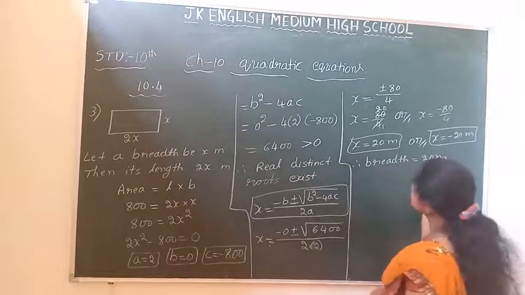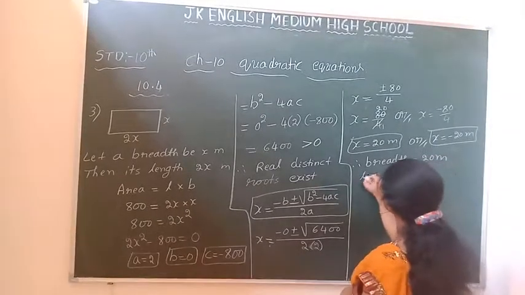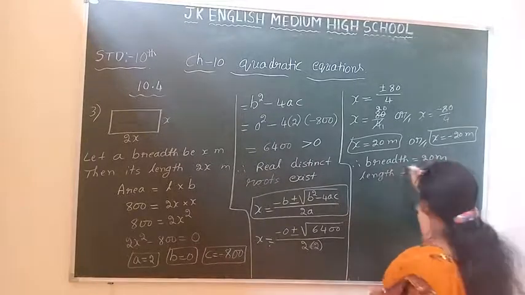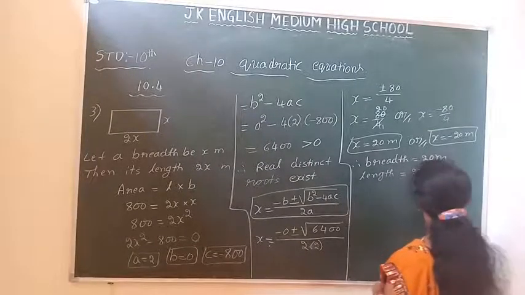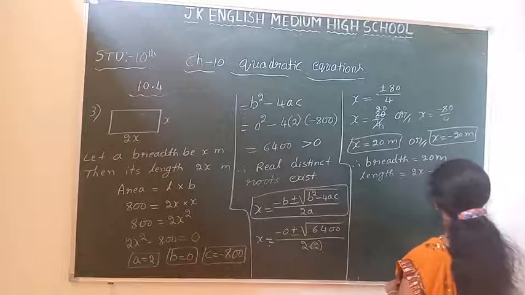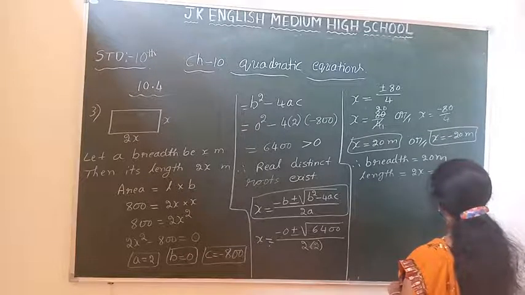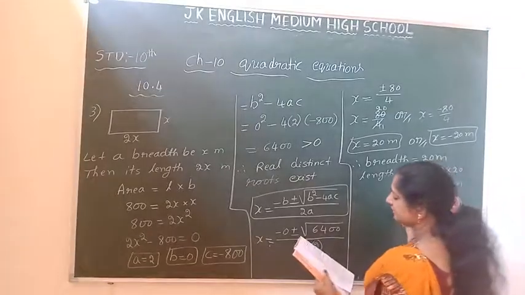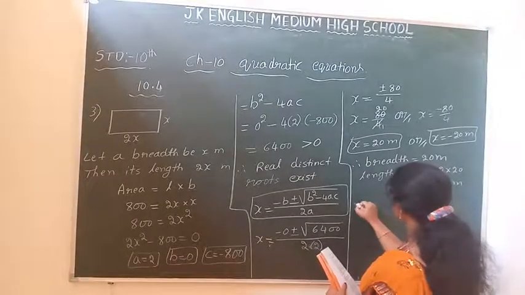If the breadth is 20 meter, then the length is 2x, that is 2 into 20, 40 meter. Therefore, they asked, is it possible to design a rectangular mango grove? Yes.